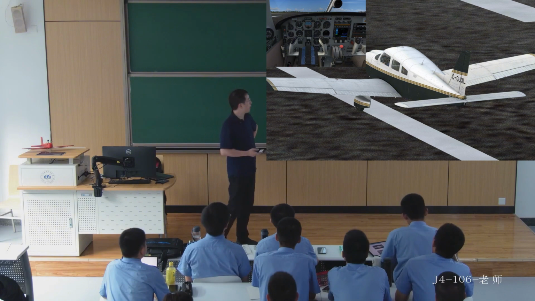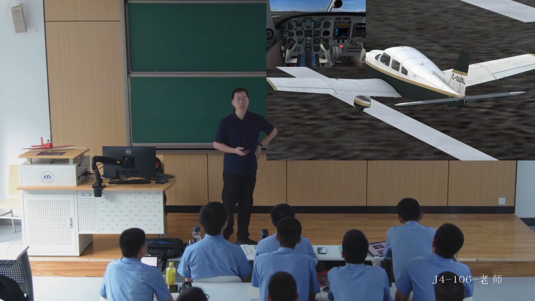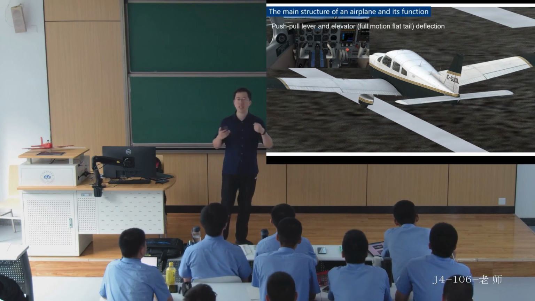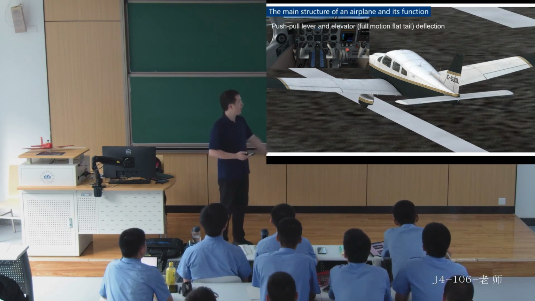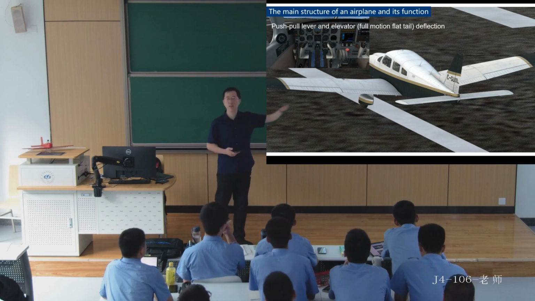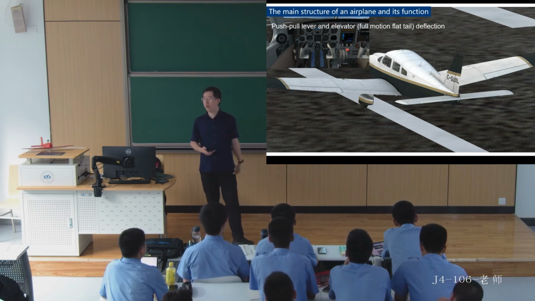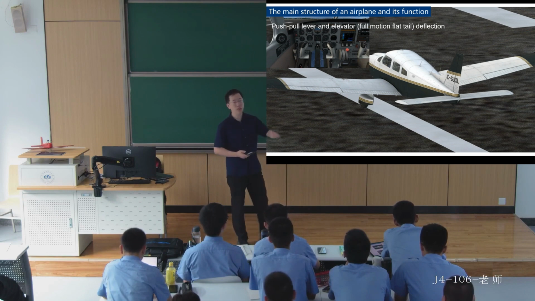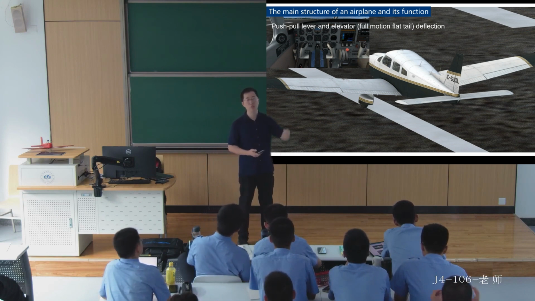We can see that with the movement of the control column and the push-pull rod, or when pulling the yoke back and pushing it forward, the stabilizer rotates, right?